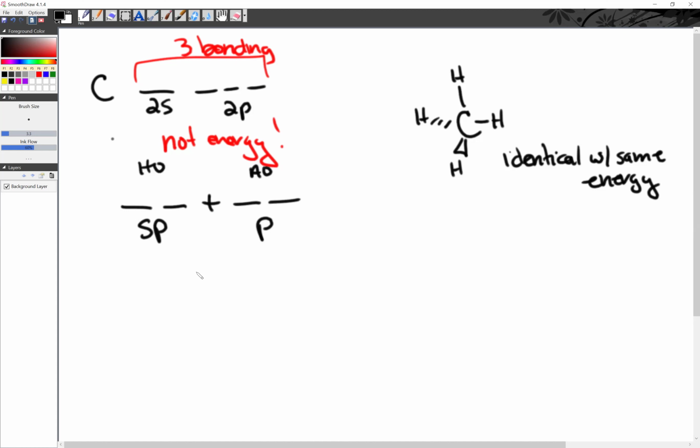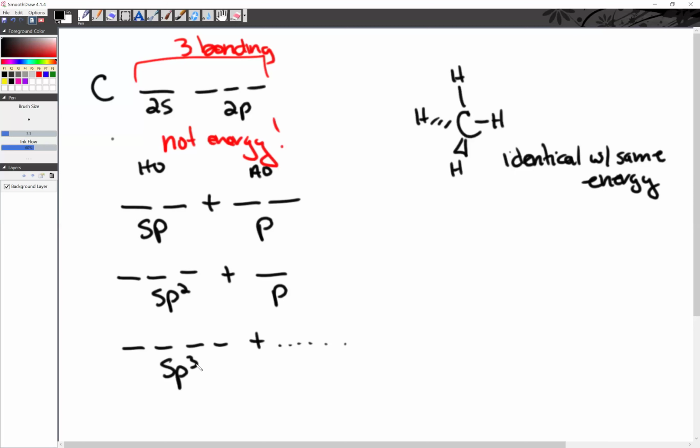Or we could have 3 sp2s plus 1 leftover p, or we could have 4 sp3s. Unless you're out into the d's, I used up all of the s's and the p's. So this would be an sp3.